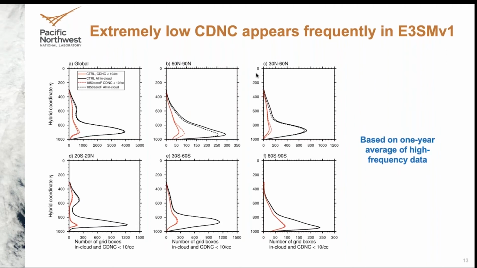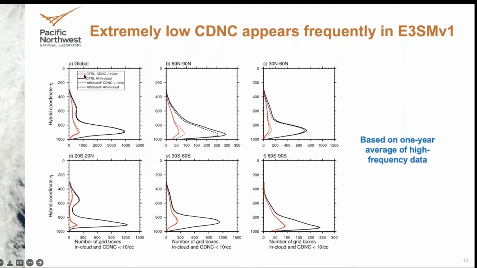We analyzed the droplet number concentration in our model using the high temporal resolution data from the V1 simulation. Based on the 1 year simulation, we can see droplet number concentration smaller than 10 per cc. These very clean conditions happen frequently in the model.